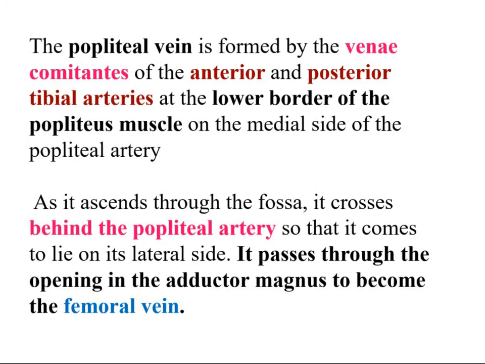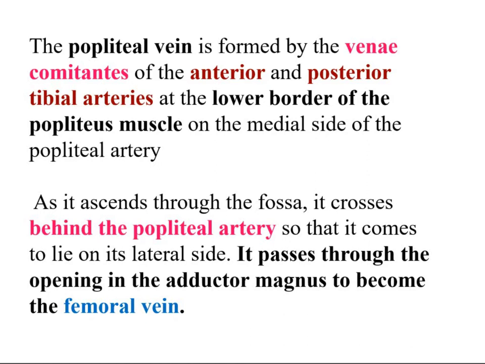So as it ascends through the fossa, it crosses behind the popliteal artery so that it comes to lie on the lateral side. So it is another way of describing your popliteal vein. ठीक है, तो सेम कोर्स है, चाहे आप पोप्लिट आर्टरी के कॉन्टेक्स्ट में समझाओ चाहे वेन के कॉन्टेक्स्ट में समझाओ.